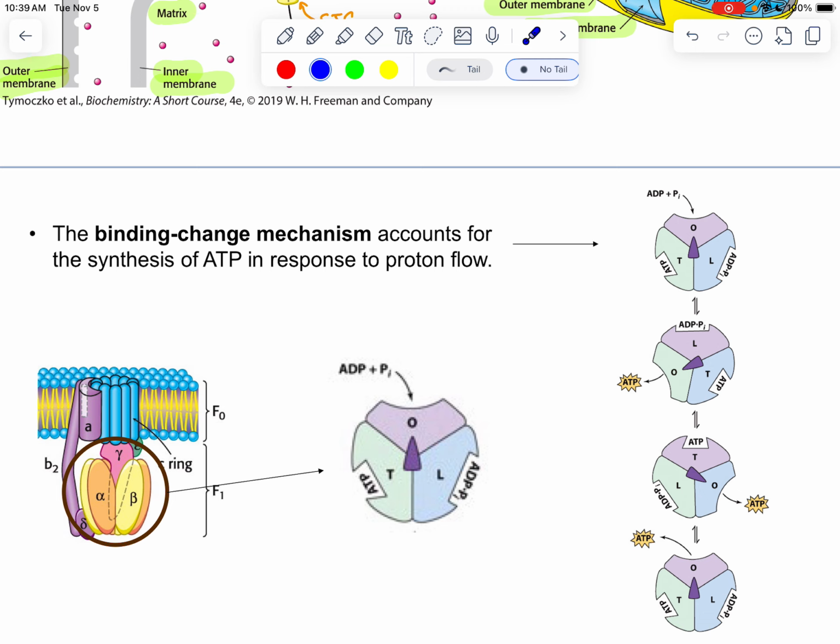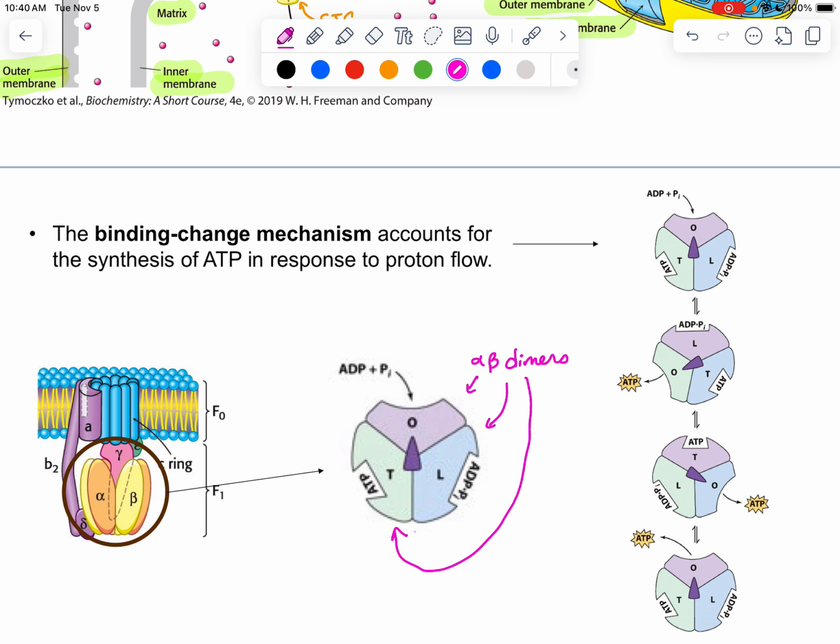So you can kind of picture looking up from the bottom, and I would see 3 of these alpha beta dimers, right? So we've got alpha beta dimers, 3 of them. One shown in purple, one shown in blue, one shown in green. Don't worry yet about why they have different letters. We're going to look at that very next thing.